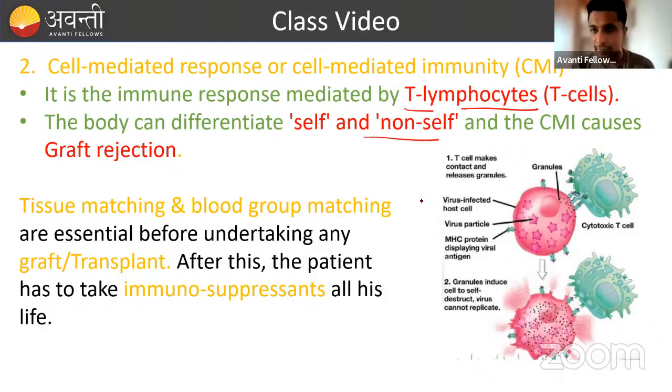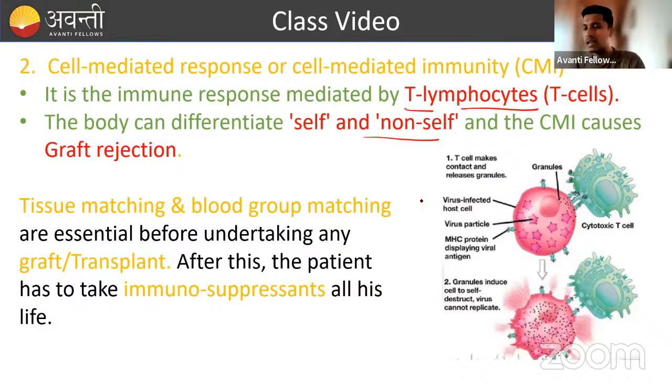They are recognized by your cell-mediated immunity by a specific type of cells called cytotoxic T cells. The cytotoxic T cells deploy some granules which go and induce the cells to self-destruct along with the virus. It's like asking the cell to commit suicide so that it can prevent the infection.